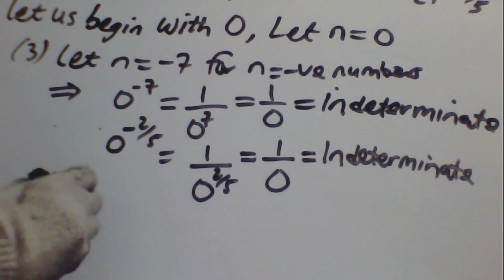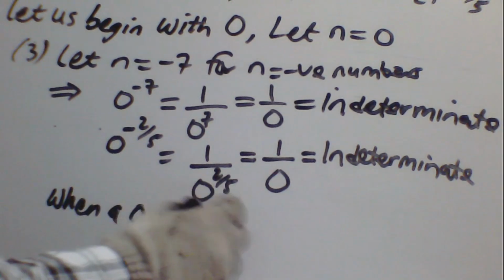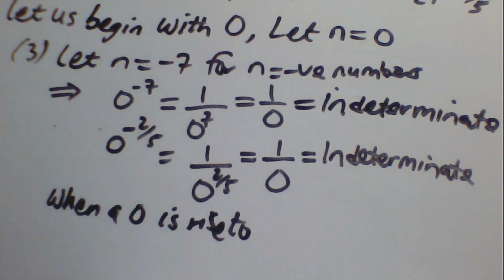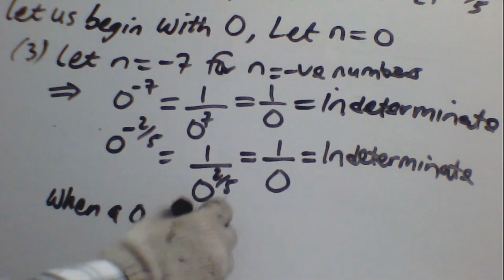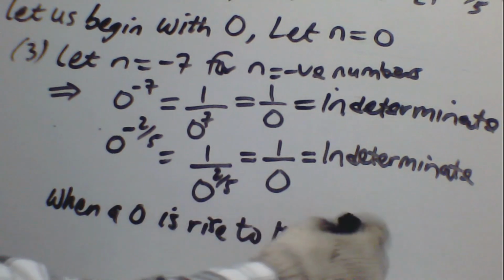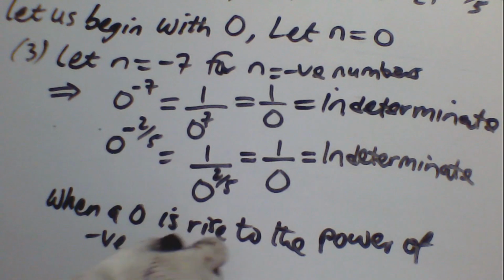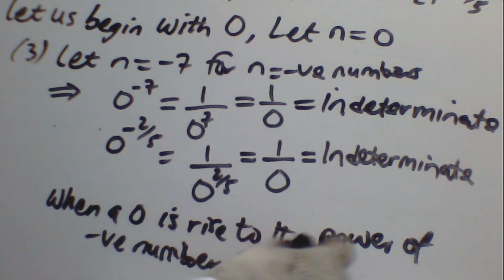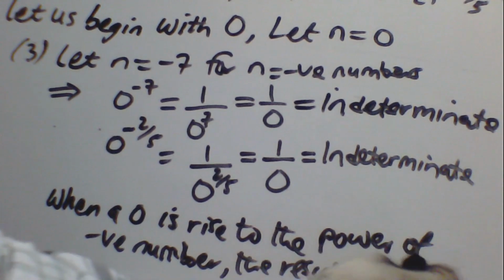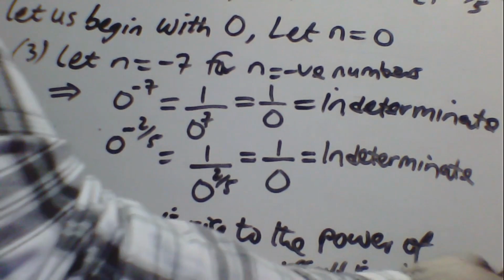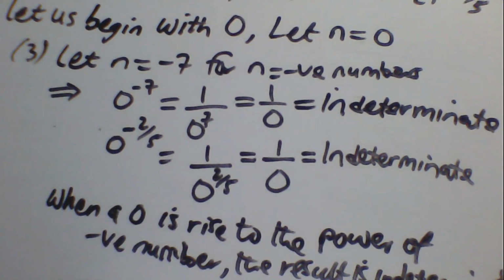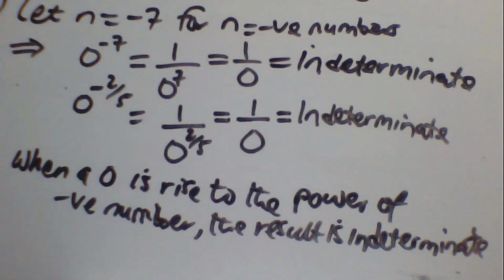So when a 0 is raised to the power of a negative number, the result is indeterminate.